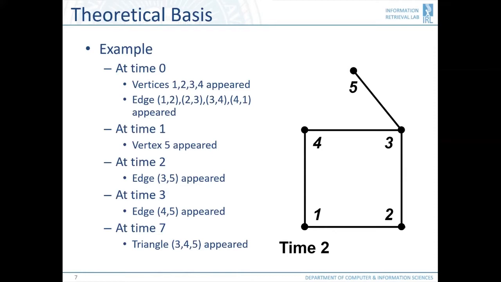At time 2, edge 3 to 5 appears to connect the square and point 5. At time 3, another edge, 4 to 5, appears to connect point 5 to the square. And at time 7, a triangle face 3, 4, 5 appears, covering the triangle frame 3, 4, and 5.